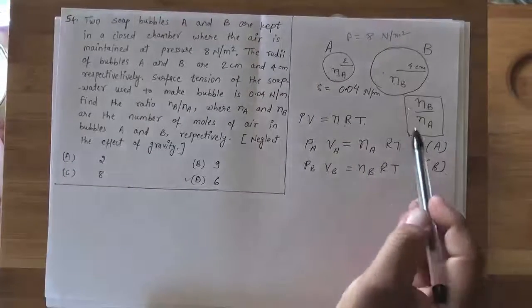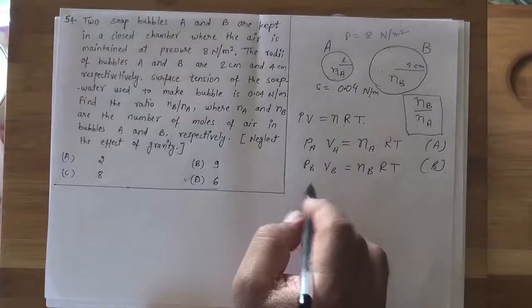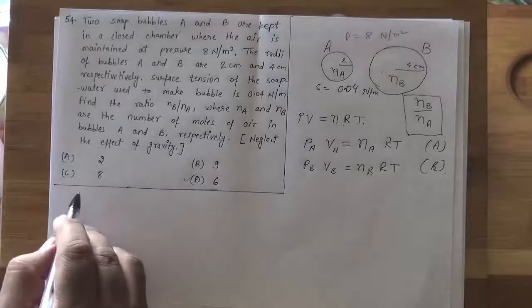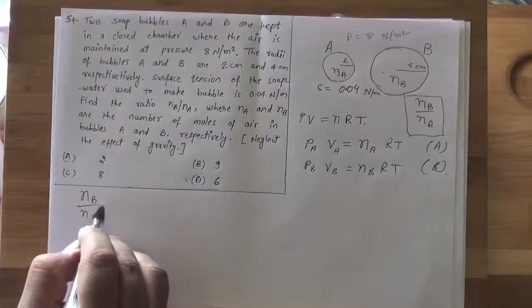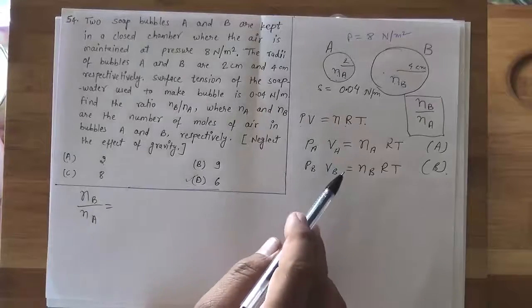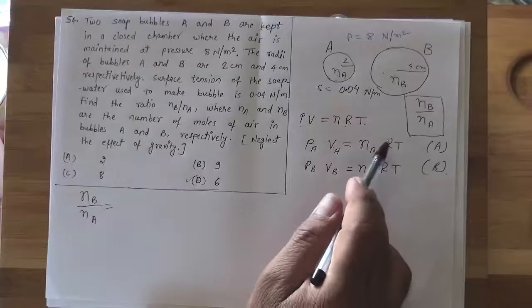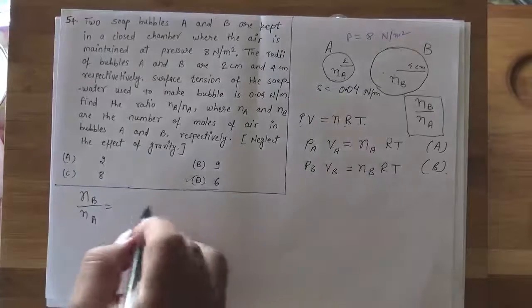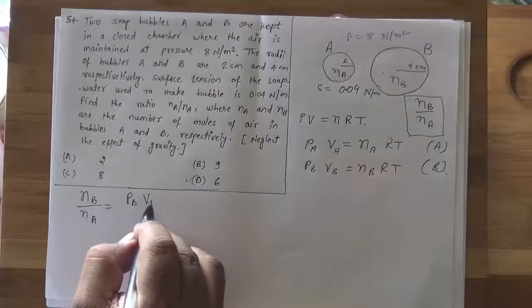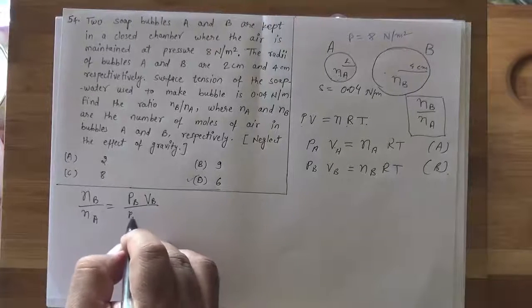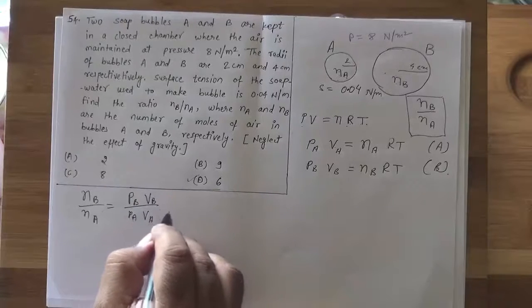Now we have to find N_B upon N_A, this divided by this. RT is cancelled, same. So what we get here is P_B V_B upon P_A V_A.